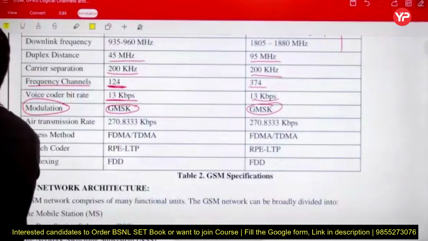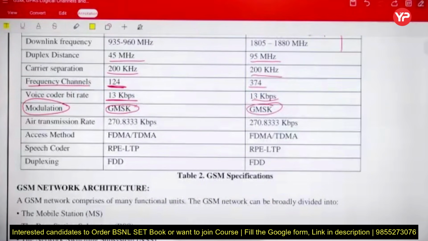I will discuss that in detail when we talk about modulation and demodulation. After the modulation and demodulation, in the Saturday class, we will discuss FDM and TDM, time division multiplexing and frequency division multiplexing.